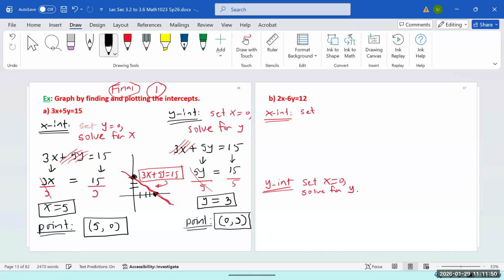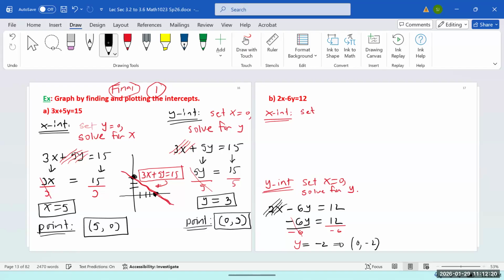Okay, so for y, we have 2x minus 6y equals 12. So just remove the x term, so I would have y by itself. So I will divide on both sides by -6. And then -2, which is 0, comma -2.